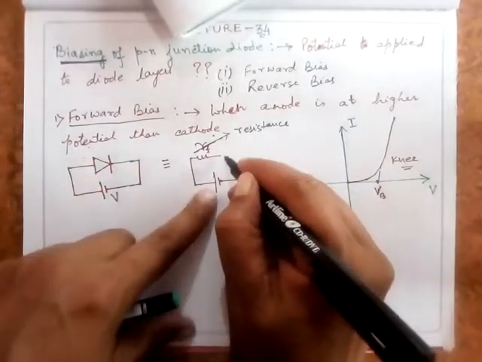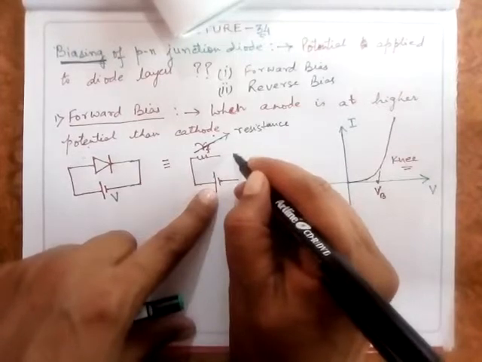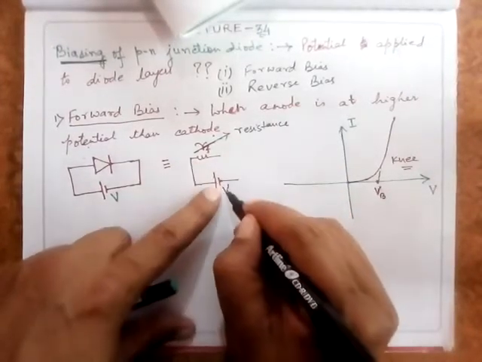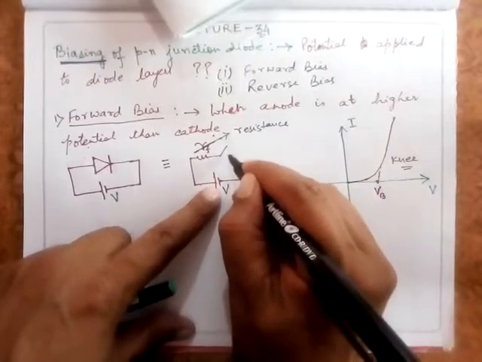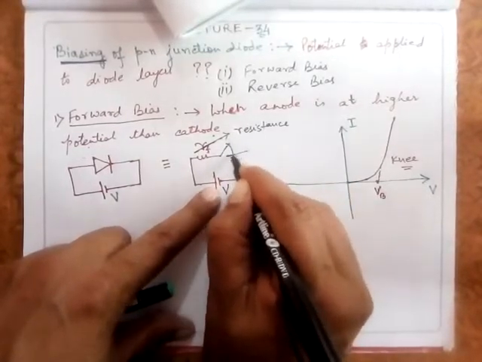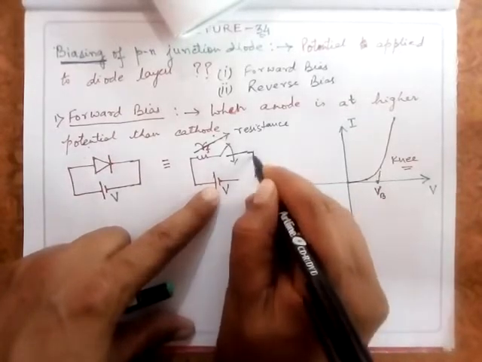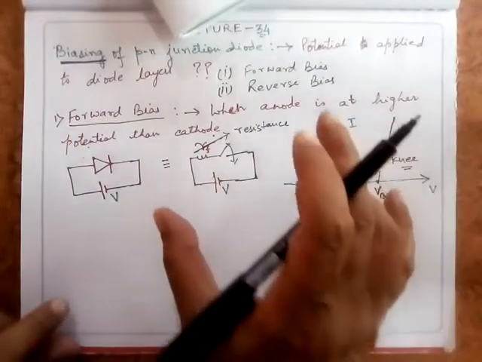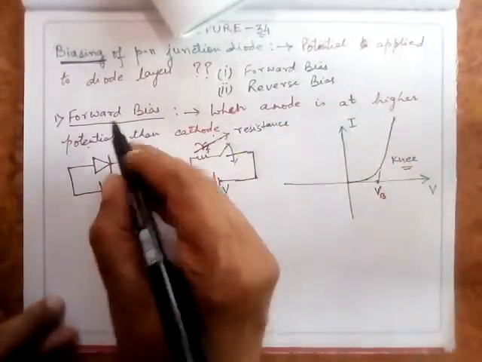And once it has overcome this barrier potential, once the applied voltage V has overcome it, it acts simply as a closed switch. Till then it was acting as an open switch, and now it acts as a closed switch. So this is how this diode acts in forward bias.